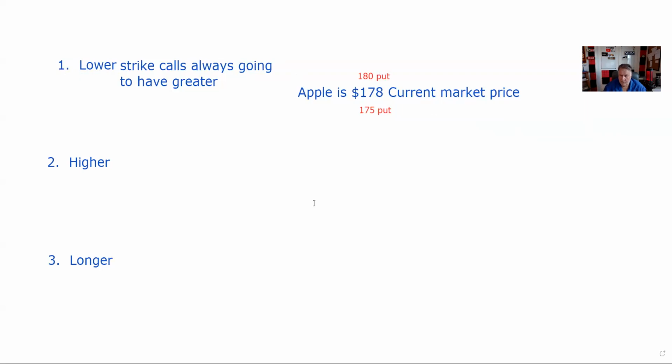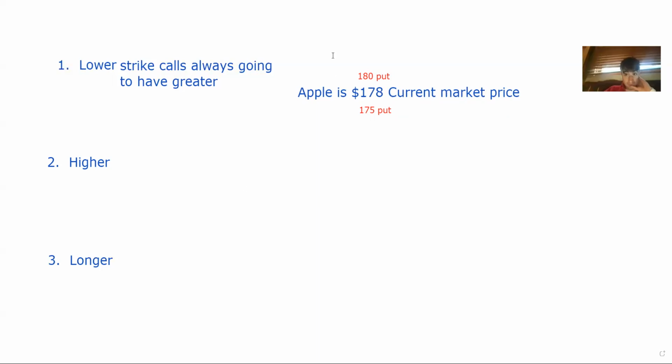And so if you go back to options basic contract specifications, what is more desirable? A long put, remember, is a choice to sell. A choice to sell at 180, what's more desirable? Or a choice to sell at 175? What is more desirable? A choice to sell at 180 or a choice to sell at 175? 180, indeed.